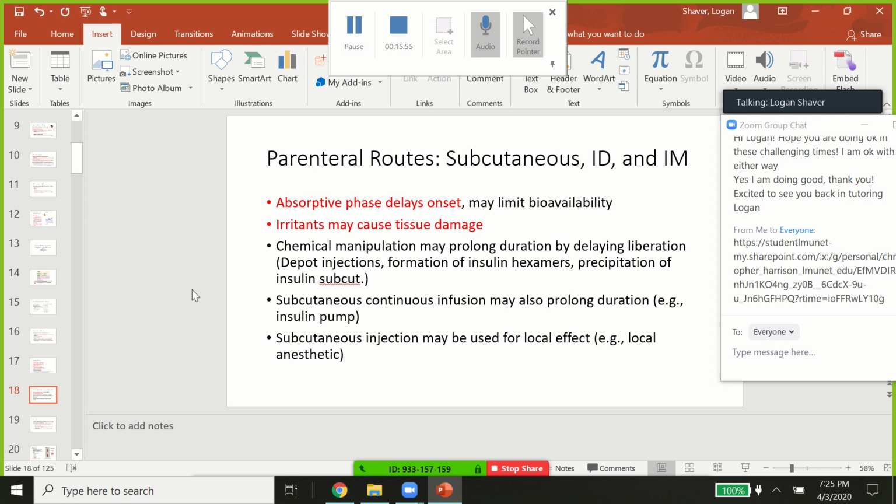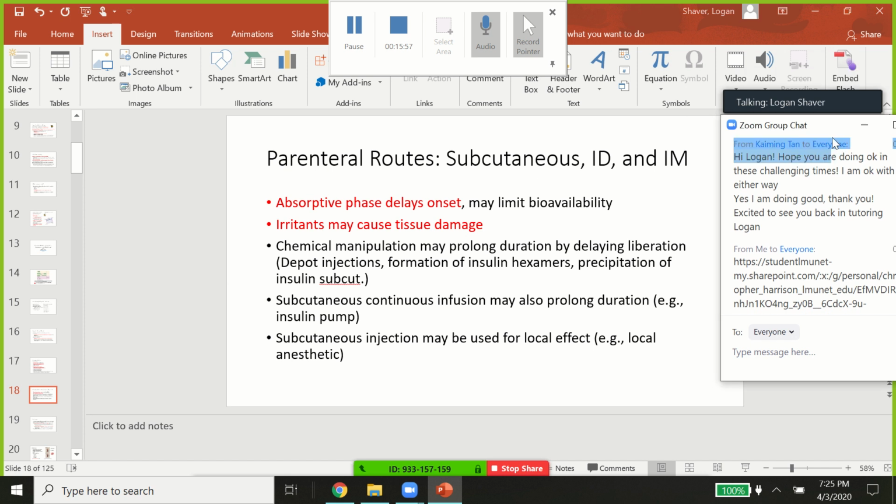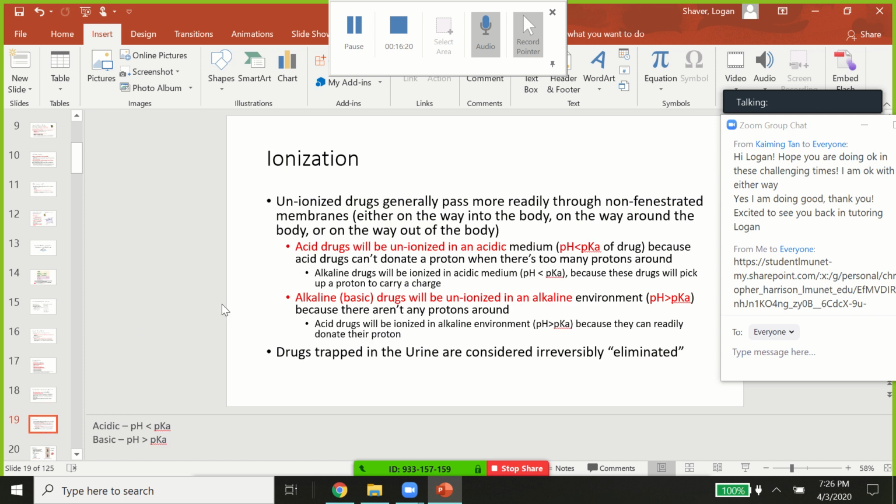It doesn't take nearly as long as oral, of course, because it doesn't have to go through the GI tract and then the liver. It just has to go through the skin and the tissue. But with that in mind, if it has any irritants at all, it can cause tissue damage going through the skin. Makes total sense, right? On to the next.